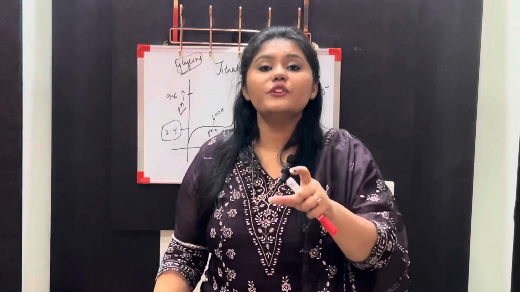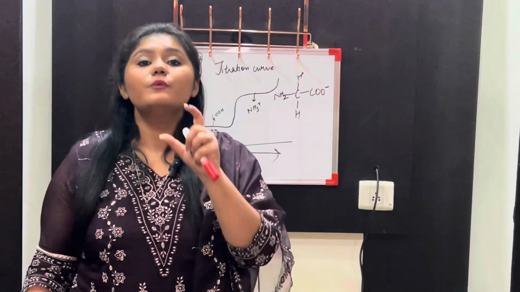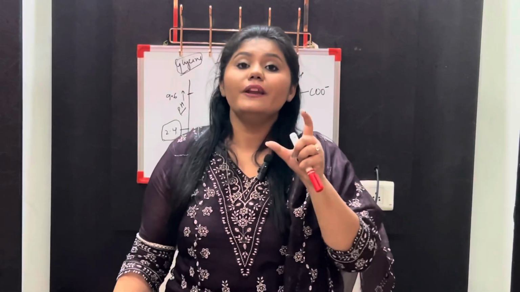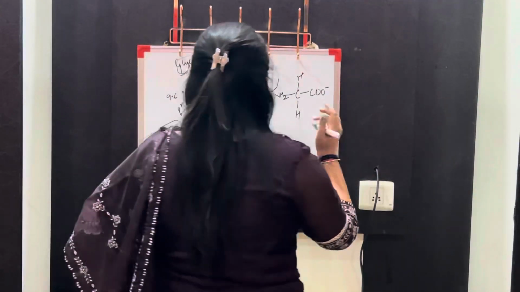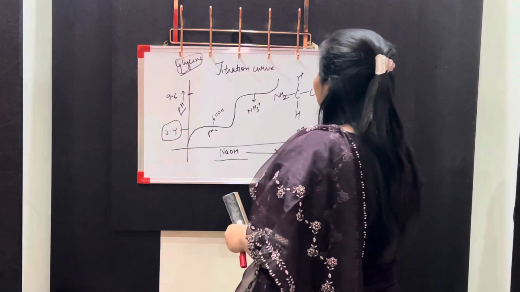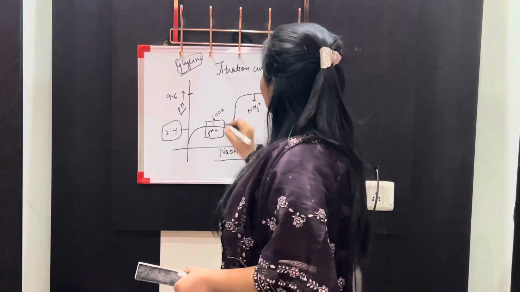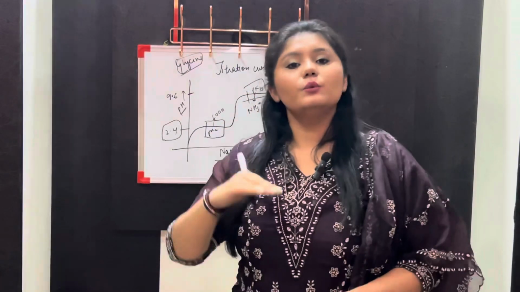What is the zwitterion? Zwitterion is that molecule for which the net charge on the molecule is 0. That is called the zwitterion, and the pH at which the net charge on any molecule is 0 is known as the isoelectric point. It is also designated as pI, and it is calculated as pKa1 plus pKa2 by 2.